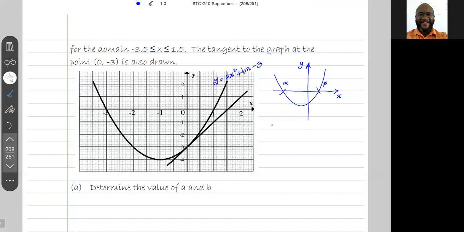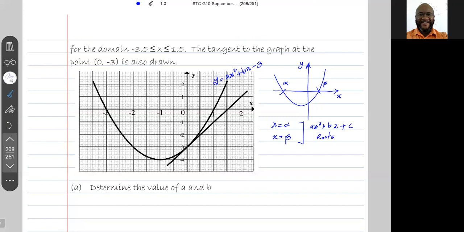So we can say x is equal to alpha and x is equal to beta are the roots of ax squared plus bx plus c.